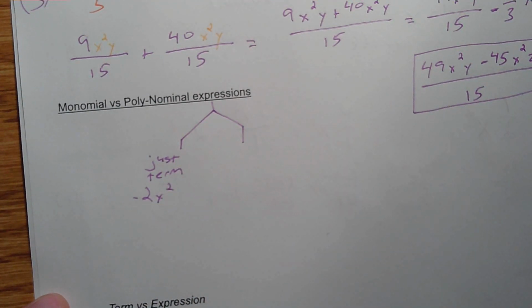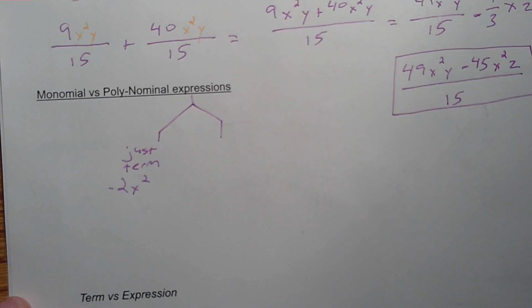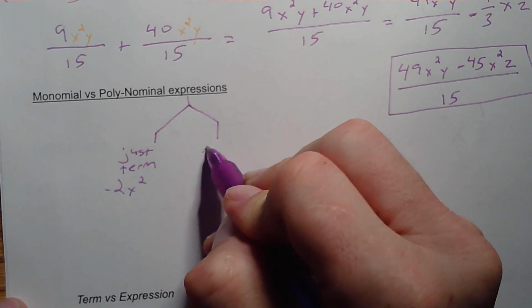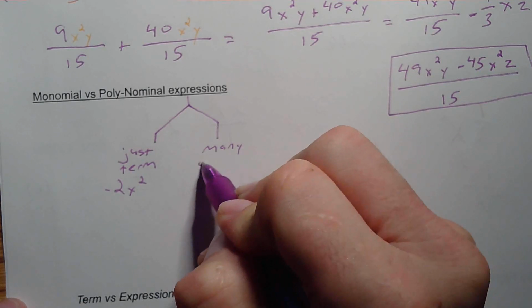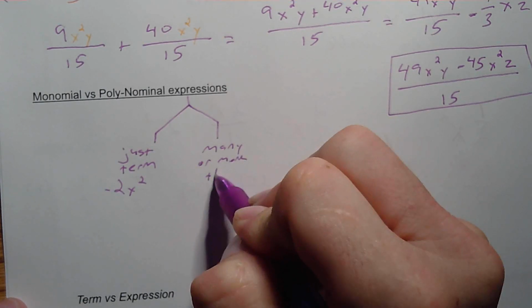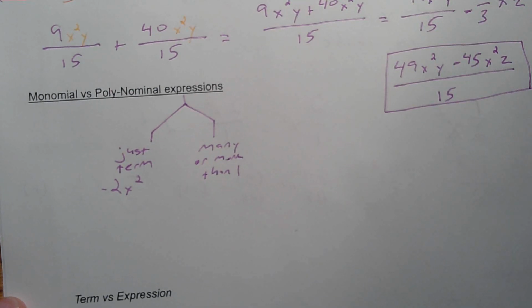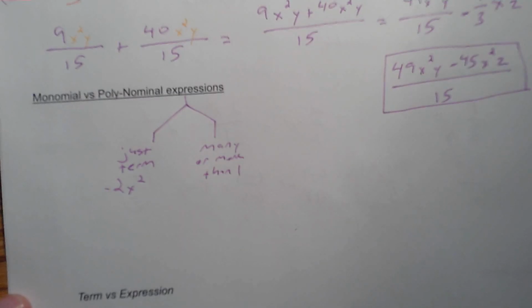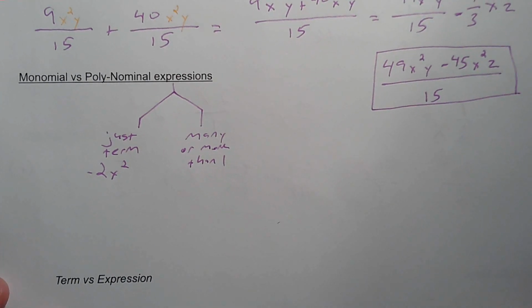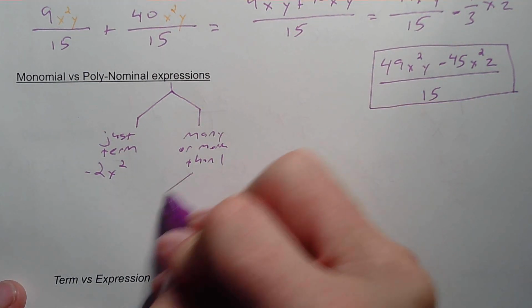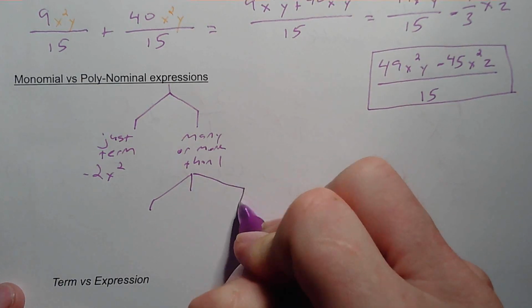That's just one term. A polynomial is many, or more than one. Okay, get a lot of focus here. It's more than one. So this can break down into a couple of them.